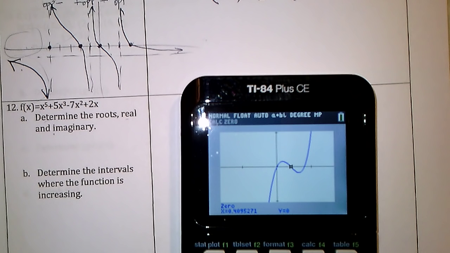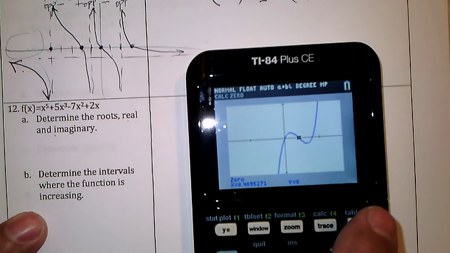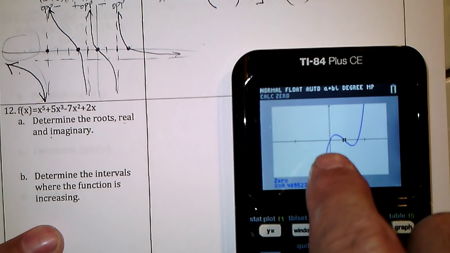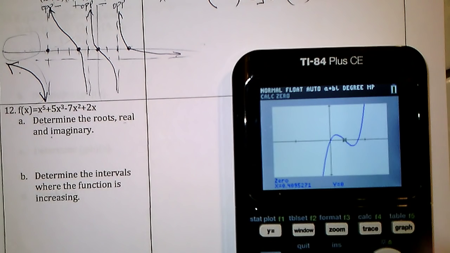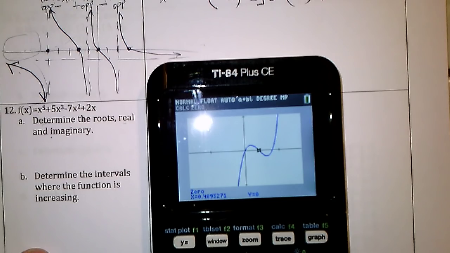Oh, ugly, ugly, ugly. So this is not going to have very nice ones. So there's going to be 3 real roots, 0, that one, and that one, and they're not nice numbers. That's in X.